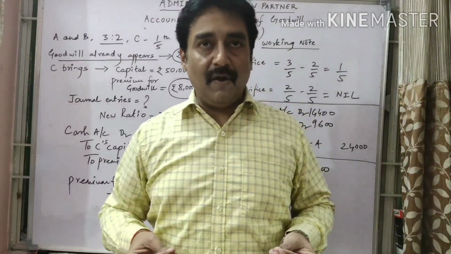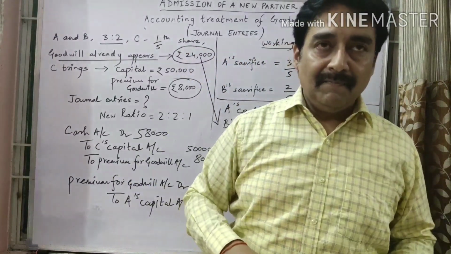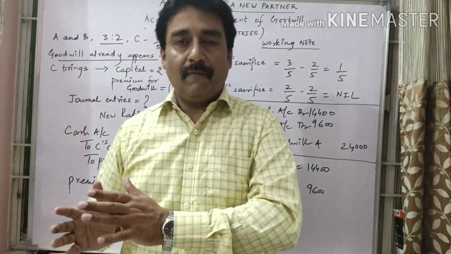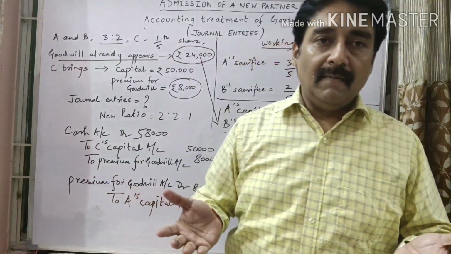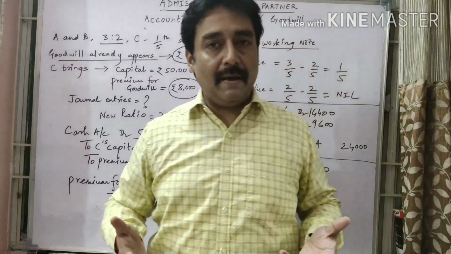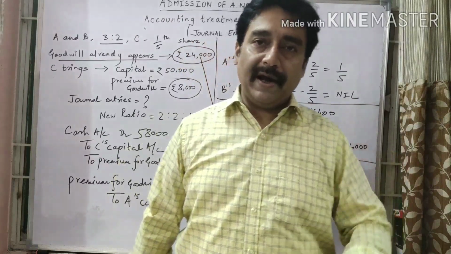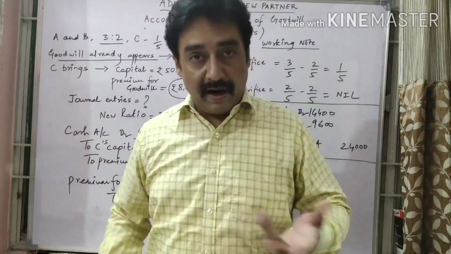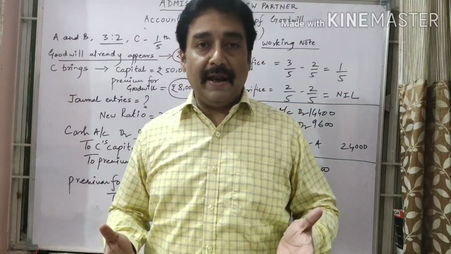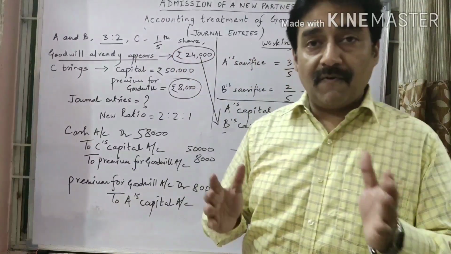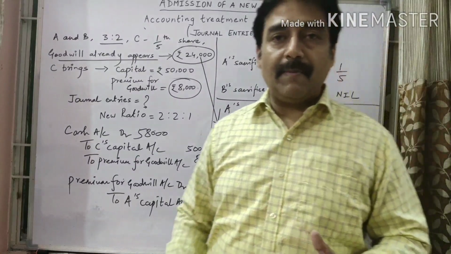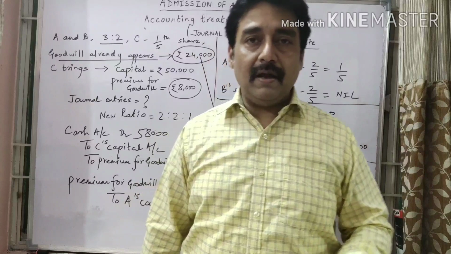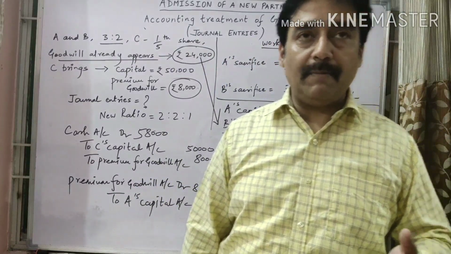What would happen if the new partner brings his capital in cash, but he is unable to bring his premium for goodwill in cash or kind? Suppose he expresses his inability that he won't be able to bring his amount of premium in cash or in kind also. What would happen then? We'll have to pass some different entry, and that will take up as a different subtopic, maybe in the next video which I'll be posting to you.